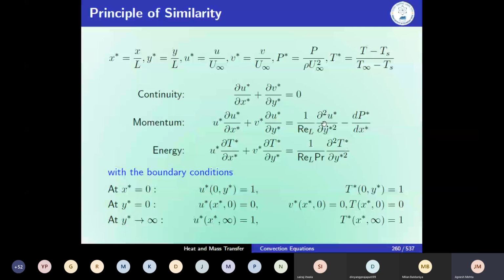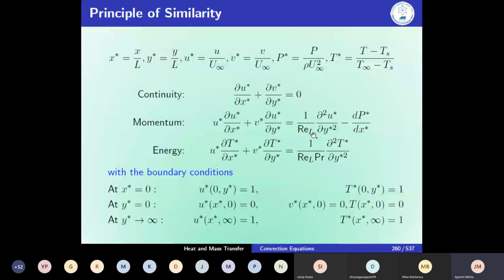When you are talking about a plate, you write it as L. When you are talking about a pipe, you write it as D. So rho u infinity L upon mu, those terms will remain here, and that's nothing but 1 upon Reynolds number. So what you find is in the non-dimensionalized momentum equation, the Reynolds number, which is a non-dimensional number, has appeared.